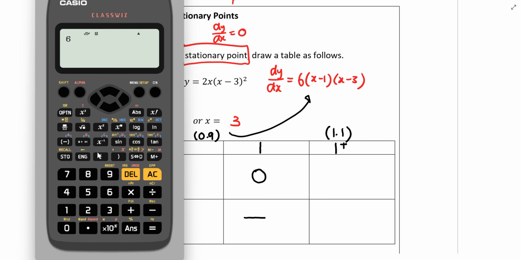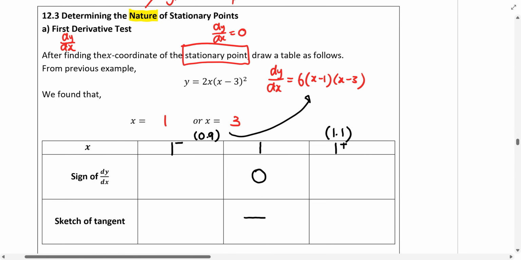So I substitute in 6 times (0.9 minus 1) times (0.9 minus 3). You will have a positive value, or you can simply infer it: substituting 0.9 gives a negative in the first bracket and a negative in the second, and negative times negative is positive. When it's positive, the tangent is going up.